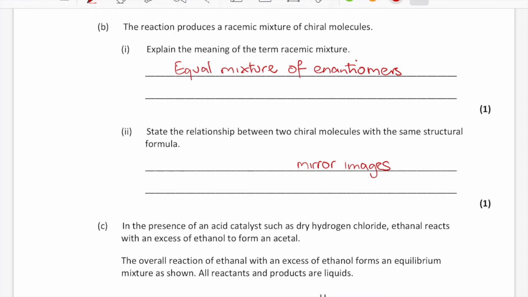How can we make it clear that they have a different spatial arrangement? Saying they're mirror images doesn't absolutely fundamentally say that. But if we made it clear that they were non-superimposable, then we would be making it clear that those mirror images have a different spatial arrangement.